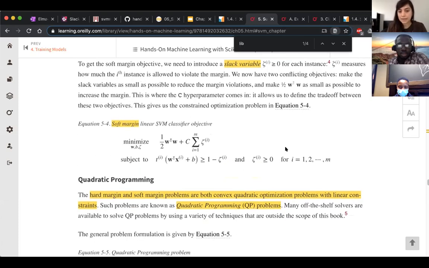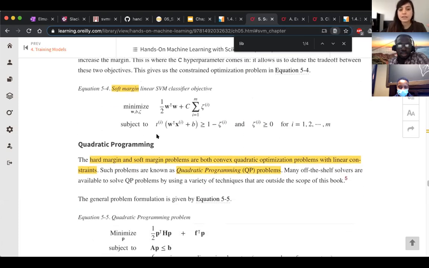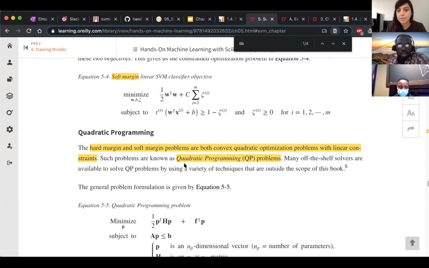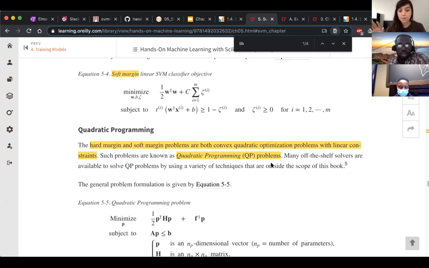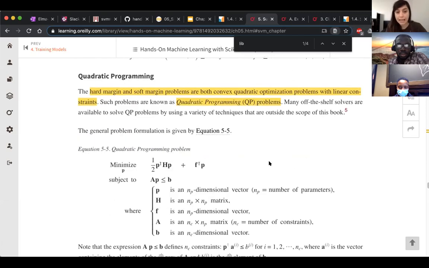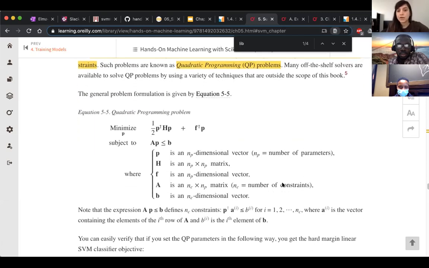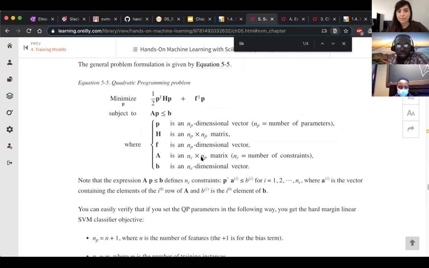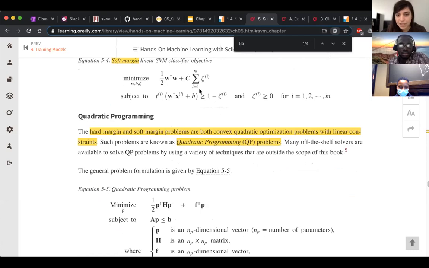Apparently, this fits under quadratic programming problems. The other one was an optimization problem, and probably this is one of those also, but this is called a quadratic programming problem. And here is the general formula for that. Just by looking at it, it's similar to what we have over here, right?